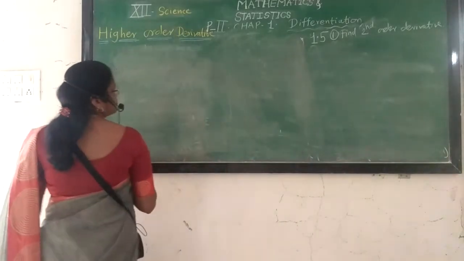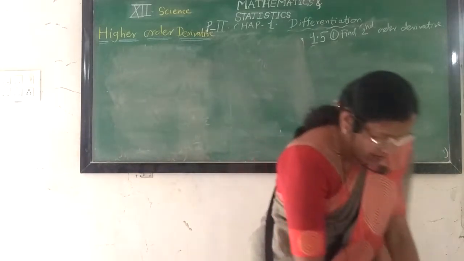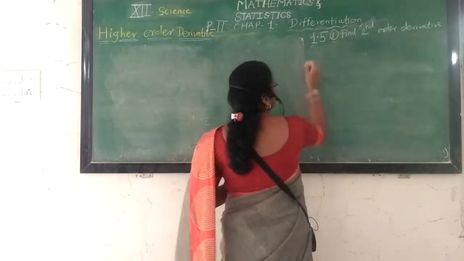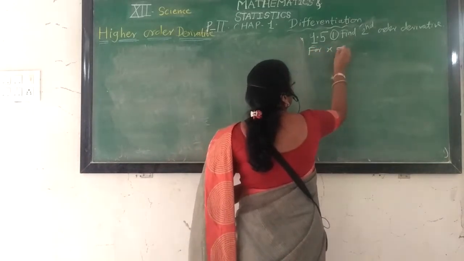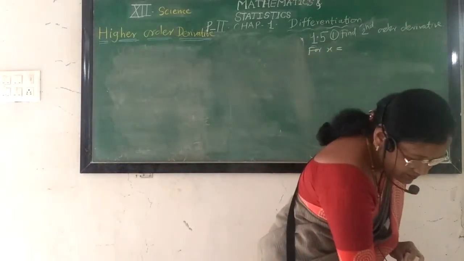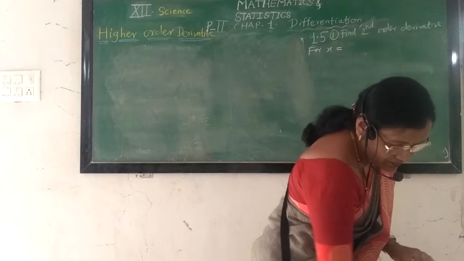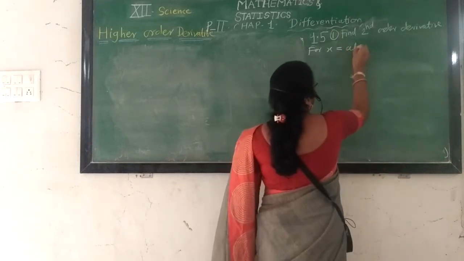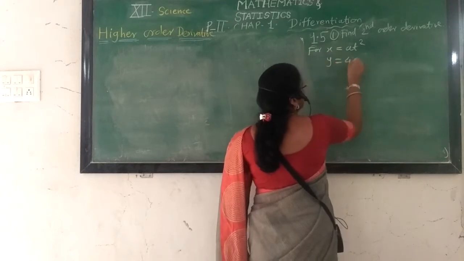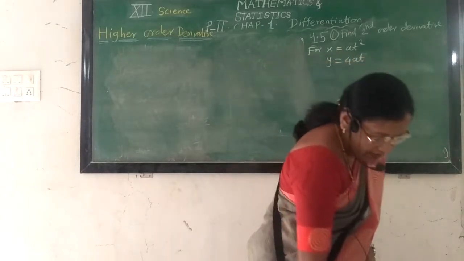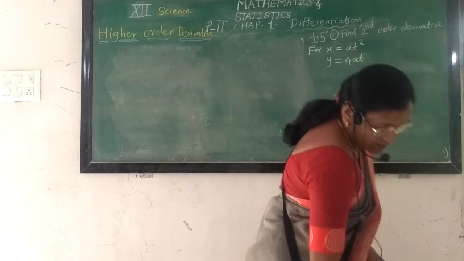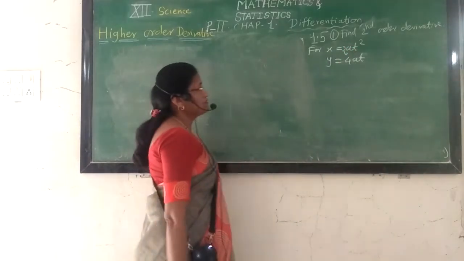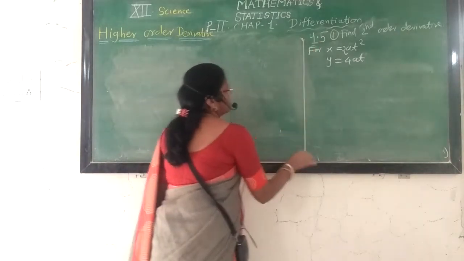We take here a question from the same exercise, but the second question. Find d2y by dx square for x is equal to at square and y is equal to 2at.